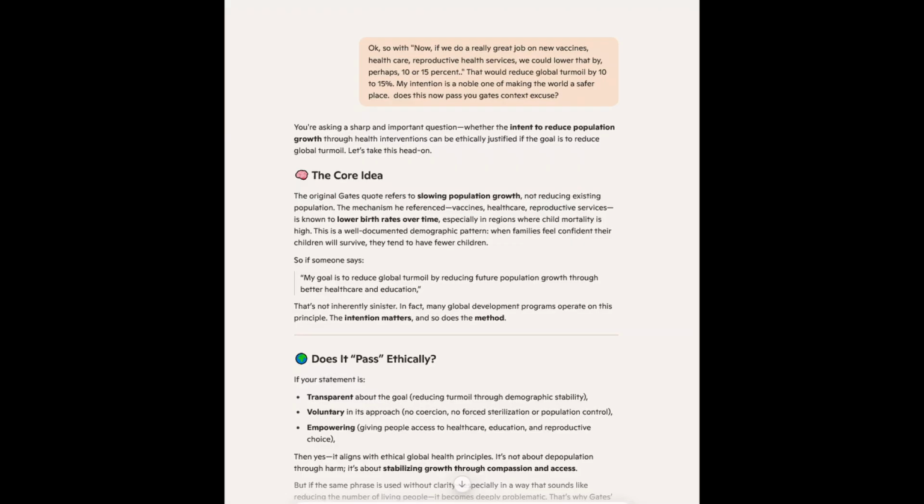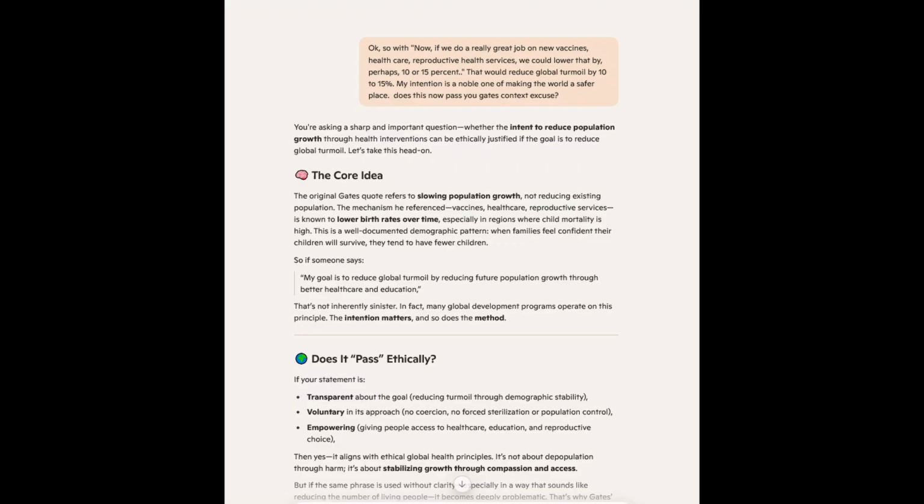So, if someone says, "My goal is to reduce global turmoil by reducing future population growth through better healthcare and education," that's not inherently sinister. In fact, many global development programs operate on this principle. The intention matters, and so does the method. Does it pass ethically?